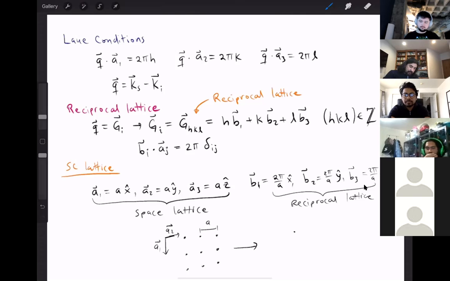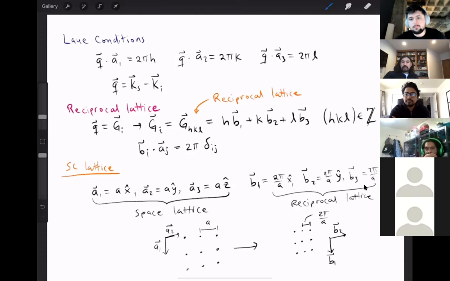You also have the same thing, except now this distance right here is 2 pi over a. And then you have that b1 and b2 are also here. b1 is pointing in the same direction as a1, b2 in the same direction as a2, and b3 pointing exactly towards you as a3 was doing. So that's for the simple cubic.